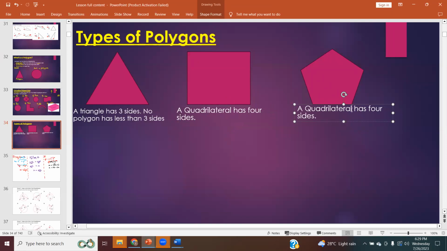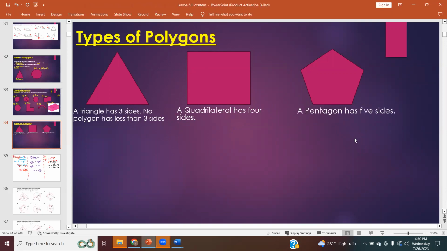So a quadrilateral has 4 sides, a pentagon has 5 sides. Give me some things in real life that have 5 sides and look like a pentagon. Can anyone identify pentagons? Think of something that has the shape of a pentagon in real life.